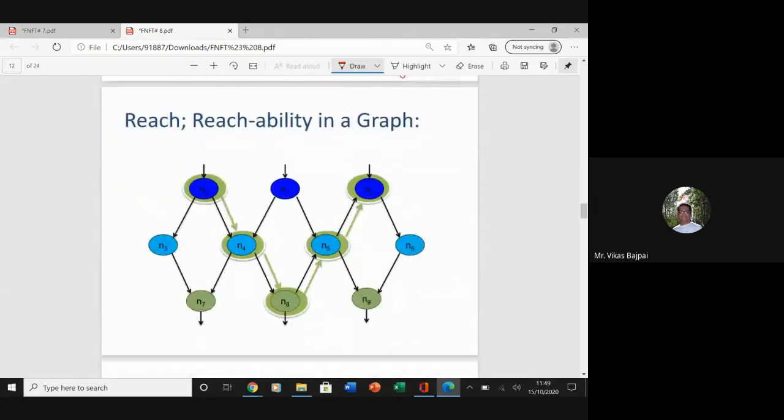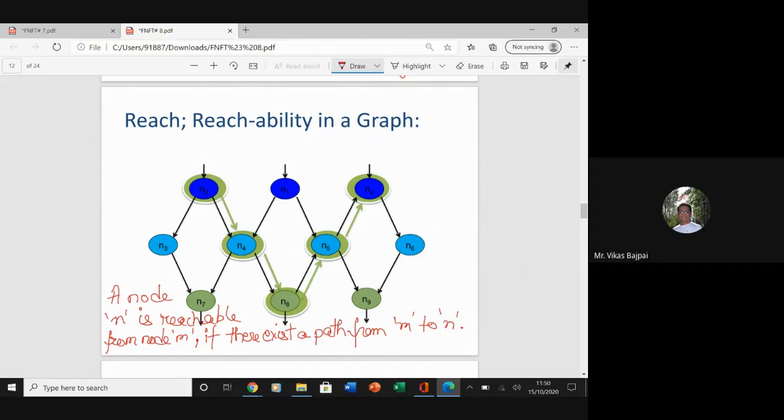Now, the next one is reach or reachability in a graph. We say that a node n is reachable from node m if there exists a path from m to n.